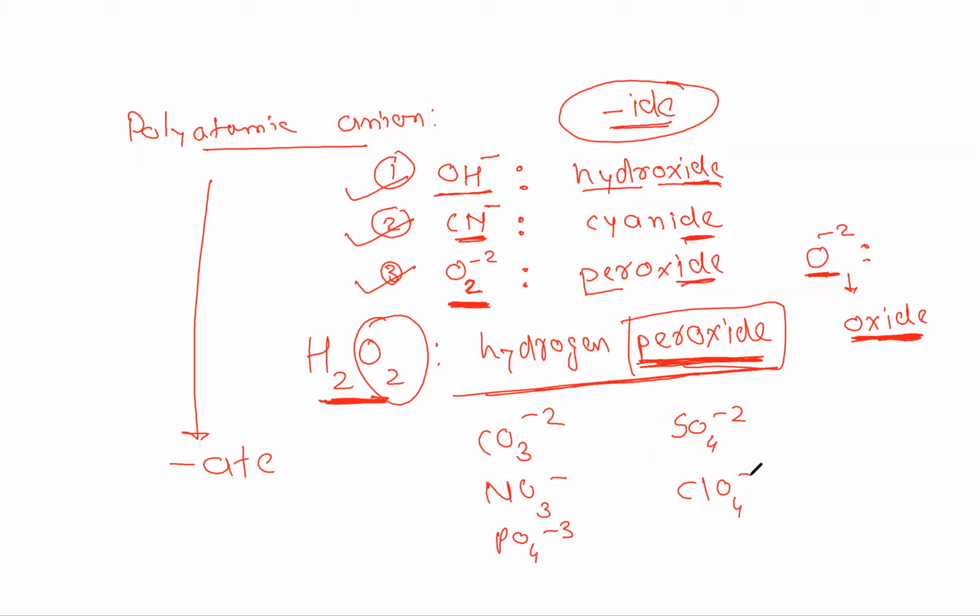When you name them, you name them with ATE. You can already see the names in that table. This is called carbonate. This is called nitrate. This is called phosphate. This is called sulfate. And this is called perchlorate.